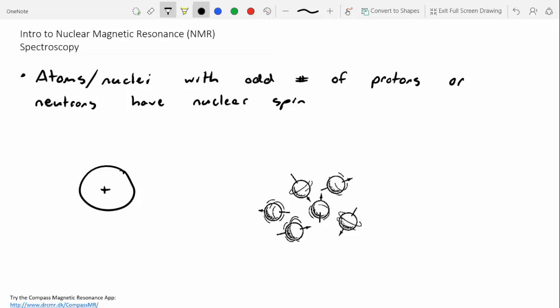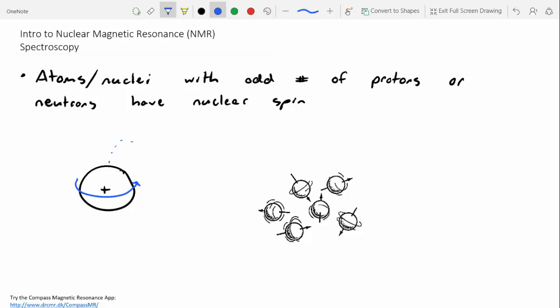And if we look at this, it's going to actually spin around kind of like a top, right? What happens when charges spin? Anybody taking physics? Magnetic fields. So if you take a charged object and you spin it around, you can actually create a magnetic field around it.